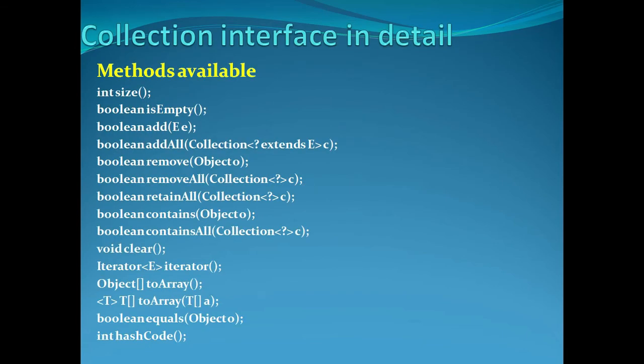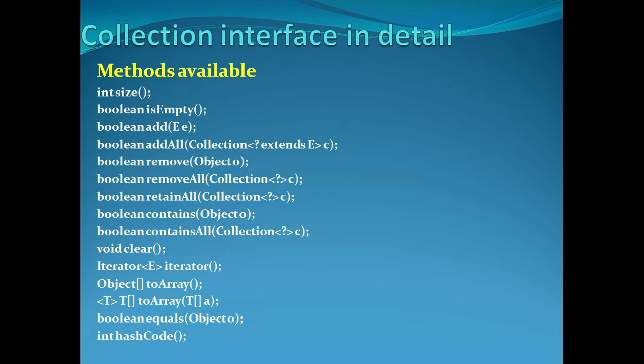Now the next topic is what methods are available in the linked list. As I told you, linked list is an implementation class of the list. Whatever methods are available in the list will be present by default in linked list, but the implementation will be different. List is a child interface of the collection interface. So in linked list we have the methods from the collection as well as the list interface.